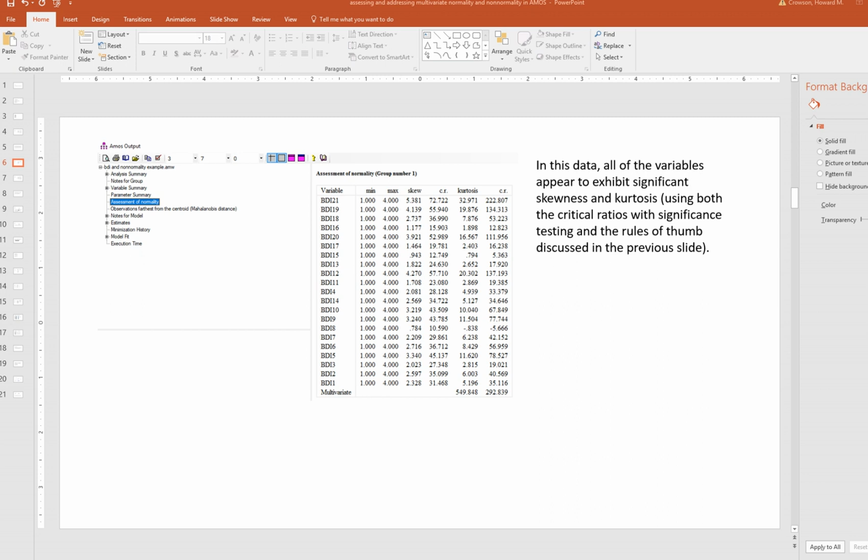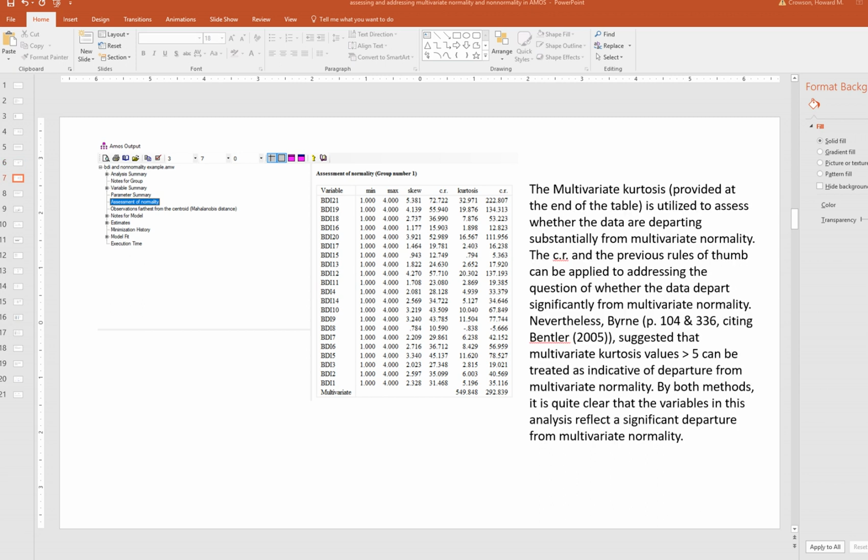Really, it looks like we have a lot of problems with respect to deviations from normality at the univariate level. The multivariate kurtosis that's provided, as I said before, there are various rules of thumb. This is still a critical ratio, and we can treat this as a z-value.